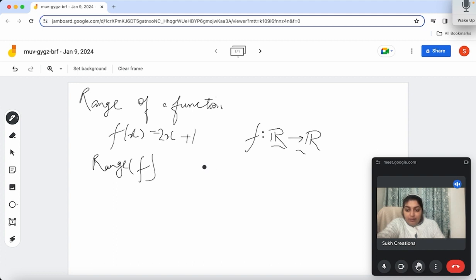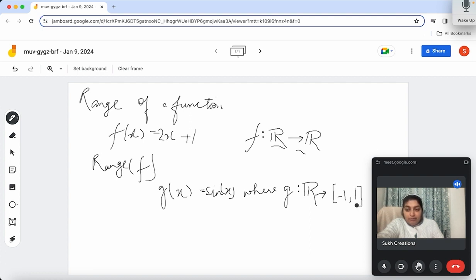Okay, let's take another function, g(x) = sin(x). Here g is defined for all real number values in the domain, but the output, the range, is only from minus 1 to 1.